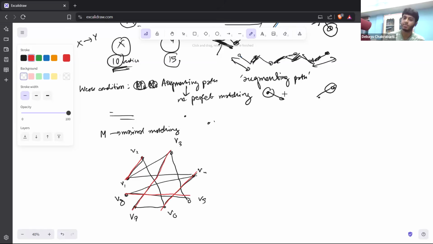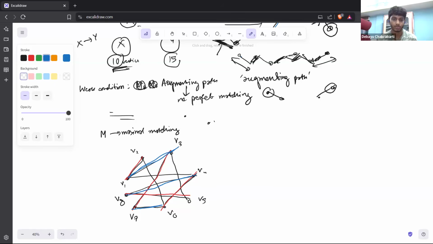And now let's consider a matching which is not perfect, a much worse one. Swap the color. Okay, let's take these. We can really consider any matching, like say V1, V3, V8, V6. It's a much worse matching.